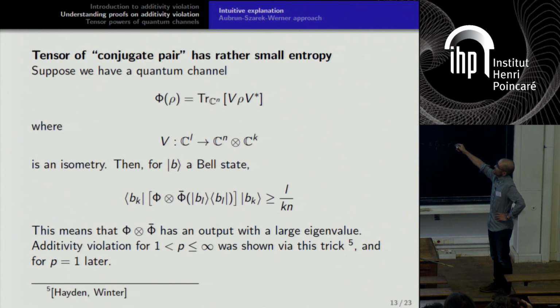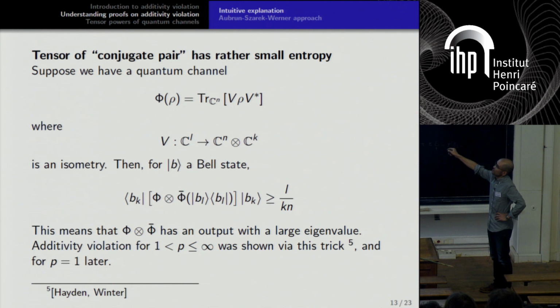In this setting, this input Bell state gives an output which has the largest eigenvalue larger than L over k times n. To know how big it is, suppose L equals n. Suppose the input space and the environment space have the same dimension. Then L and n cancel each other to give 1 over k.